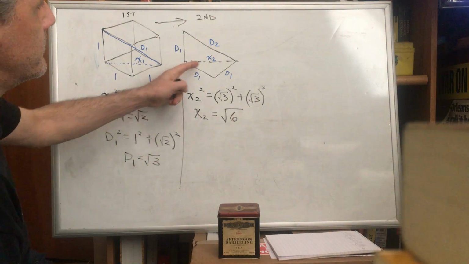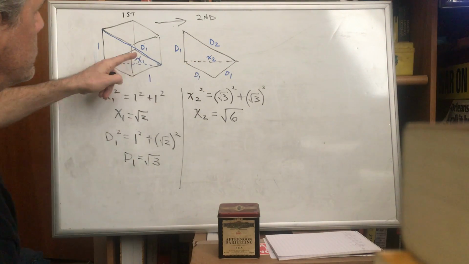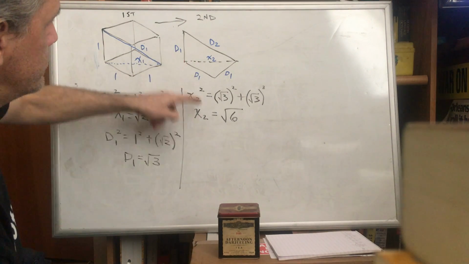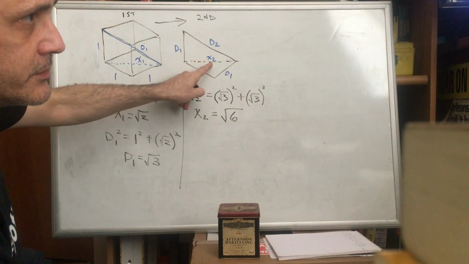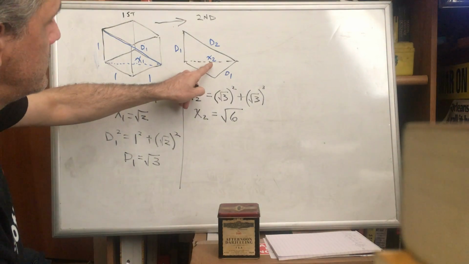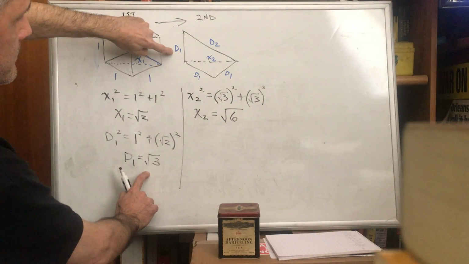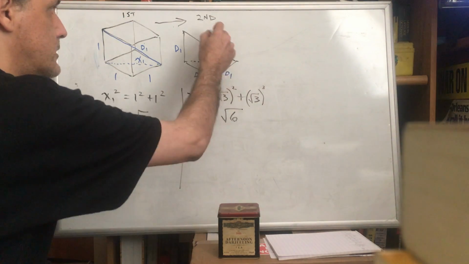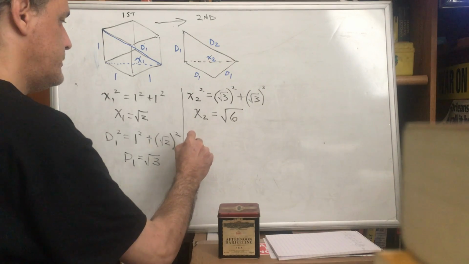And so now we're going to do the same thing we did earlier. We're going to find the second space diagonal. And so we've got the root 6 for the 2-dimensional diagonal, x sub 2, and we've got the root 3 for the leg, d sub 1. Okay, so now we're finding d sub 2.